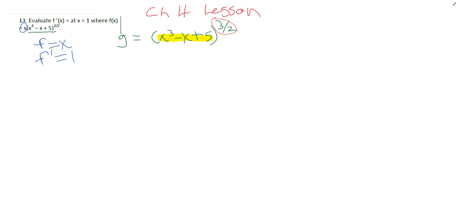So this would be the derivative of g is equal to 3/2 to the x cubed minus x plus 5, and then the power rule says to subtract 1 from that, and then we're going to multiply that by, let's change colors, the derivative of the inside, which was highlighted, so that's 3x squared minus 1.